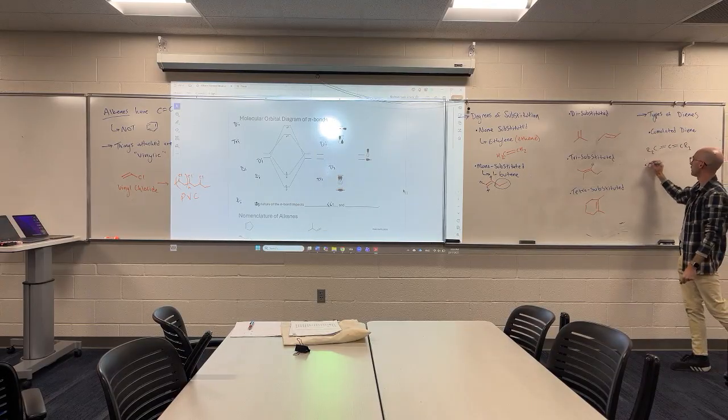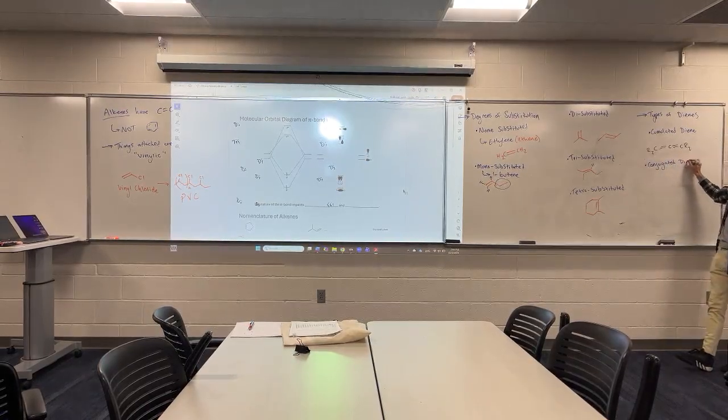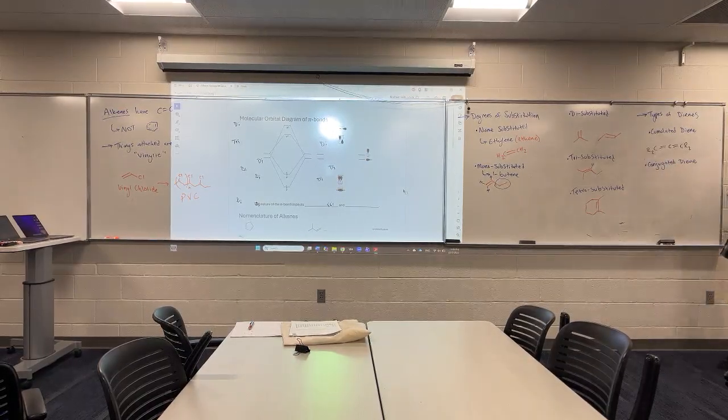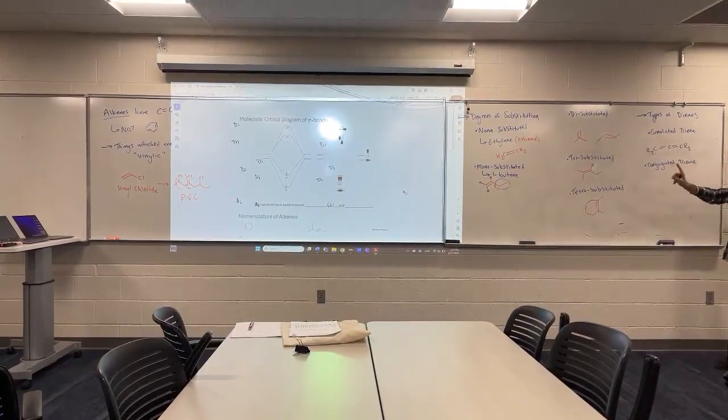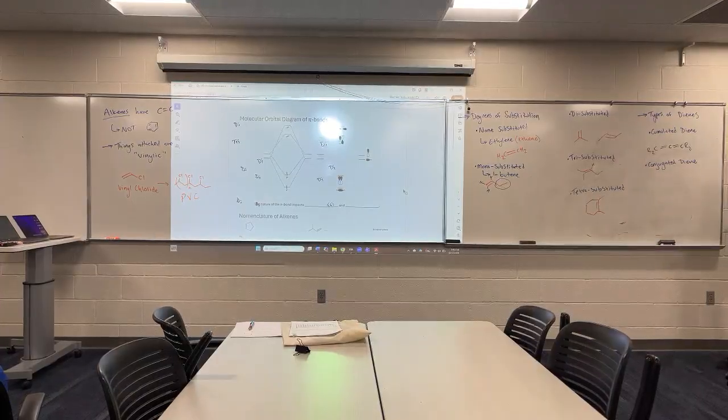A more common type of diene is called a conjugated diene. Conjugation is this idea of an uninterrupted series of unhybridized p orbitals. That's what allows for resonance. Resonance is delocalization or movement of pi electrons, electrons in p orbitals. And so to have resonance, you need an uninterrupted series of p orbitals.